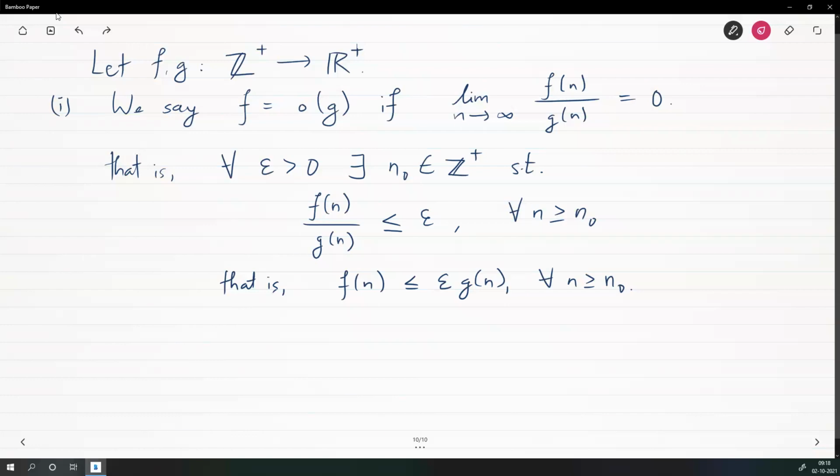Okay, so what do we need? Well, f should be little omega of g if g is little o of f. So essentially, just think about it. It will turn out that this fraction needs to be flipped around. That's all.